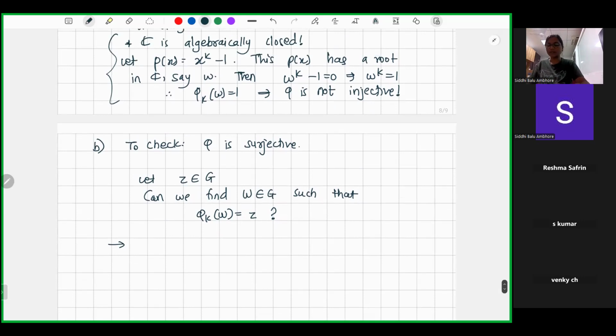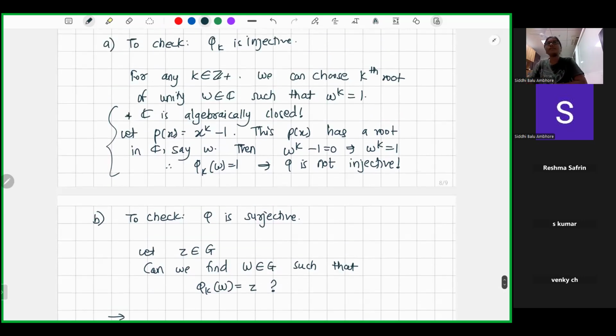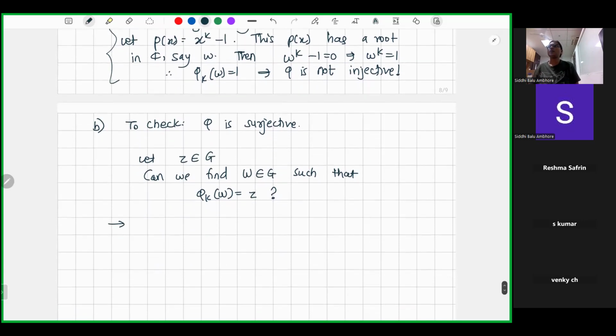We can use the same argument here. Earlier for injectivity, we wanted to find the W such that W power K is 1. But now we have Z in G, and I want to find W in G such that phi K of W, that is the kth power of this W, will be my Z. So I start with some Z. I need to produce this W, or if you don't want W, let us call this U, such that phi k of U is Z. That is what we need to find.